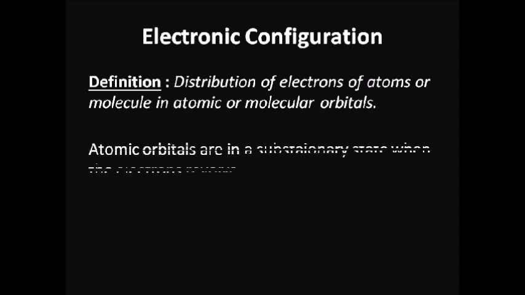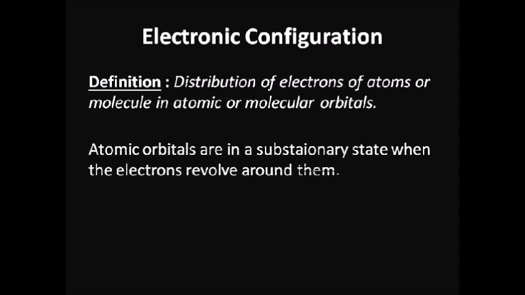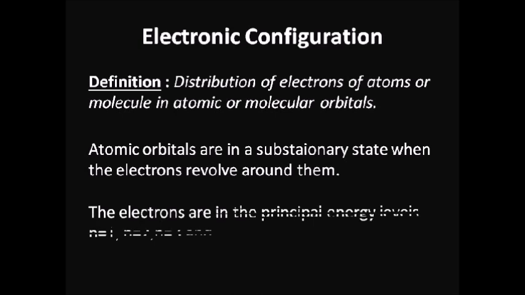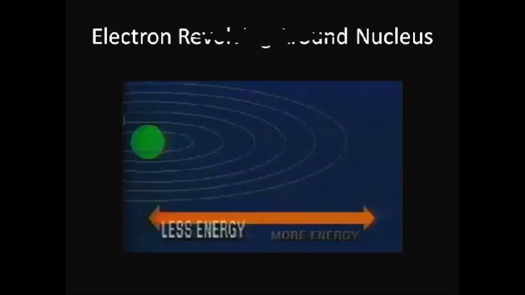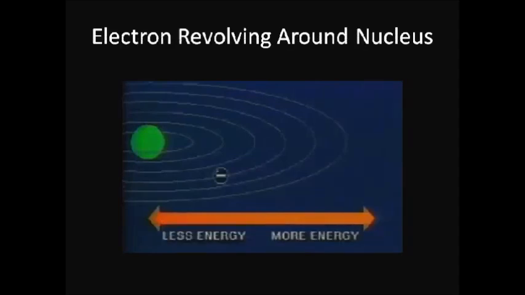Atomic orbitals are in a stationary state when the electrons revolve around them. The electrons are in the principal energy levels such as n equal to 1 and so on. This diagram shows how the electron revolves around the orbitals from lower energy to higher energy.